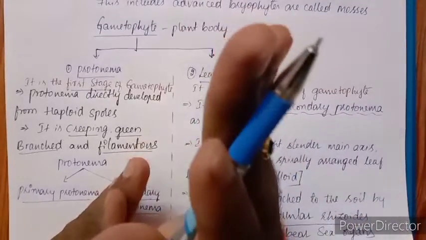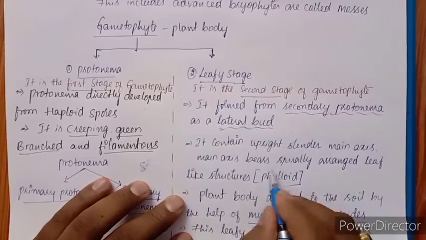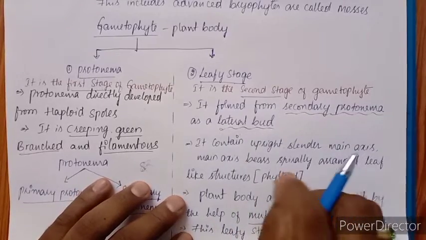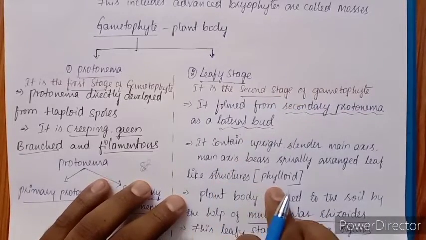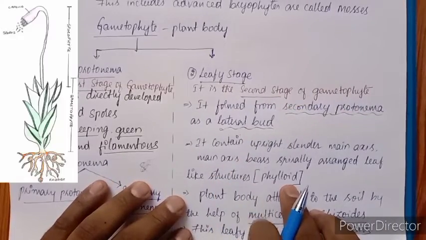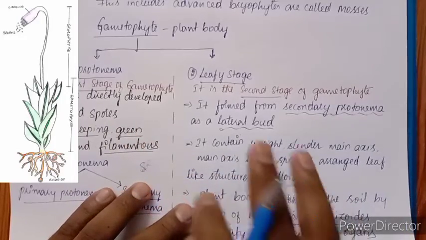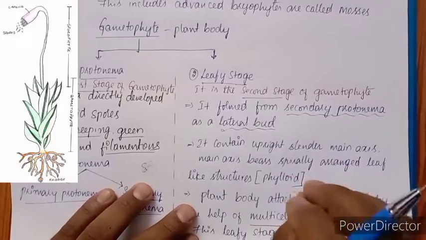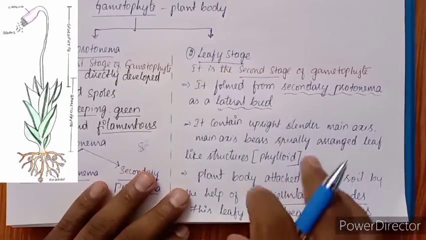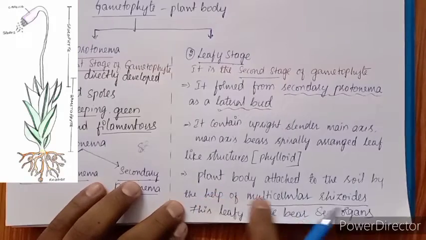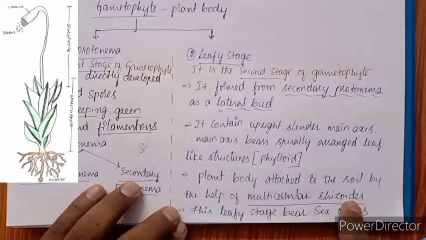It is upright, slender, and shows the presence of a main axis. This main axis bears spirally arranged leaf-like structures, which are called phyllides. In the above diagram we can observe the spirally arranged leaves, and the plant body attaches to the soil with the help of multicellular root-like structures called rhizoids.